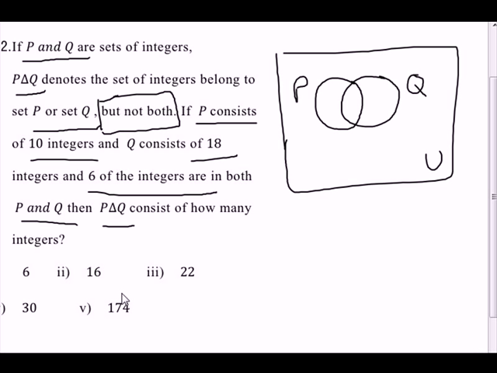So let's put the information from the question into this diagram. So what do we have? If P consists of 10 integers, so P has 10 integers, so I'll just put 10 here. I'm putting it on the edge of the circle.